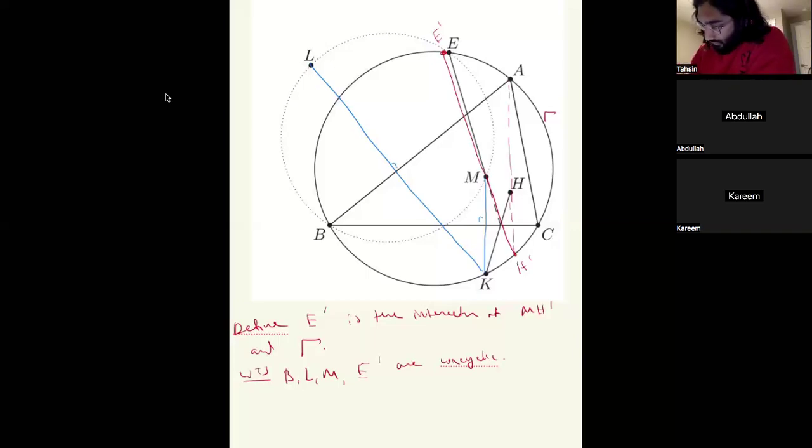So maybe I'll give a suggestion and then you can think about it. Let's use a different color, maybe green. I claim this angle, because of how L and M were constructed, is easy to calculate. And so then to show concyclicity, you would compare it to this angle.